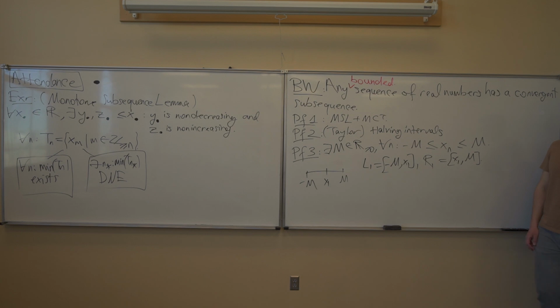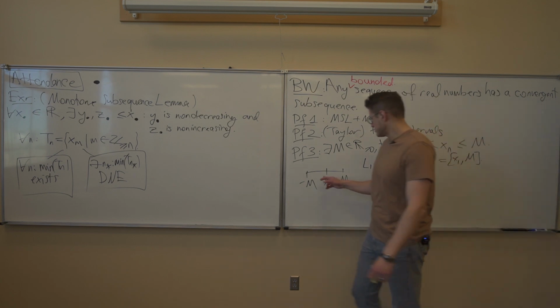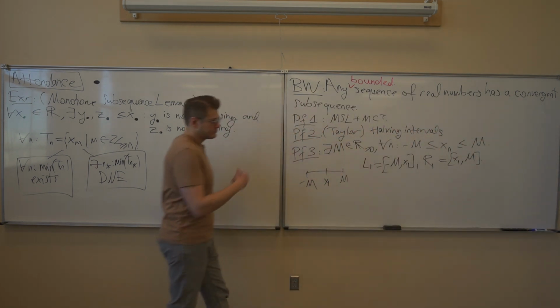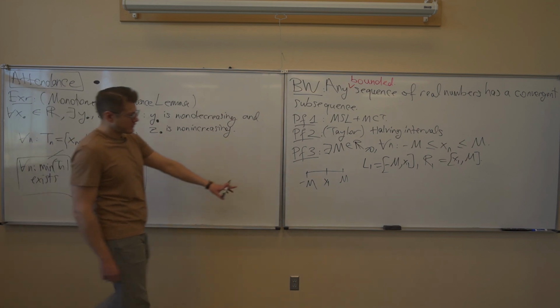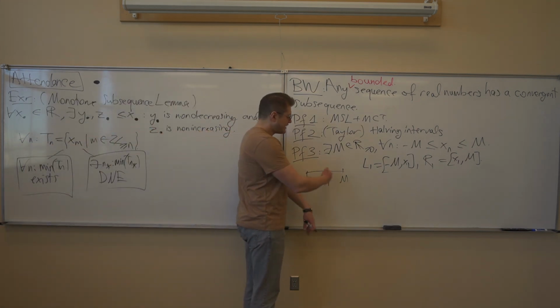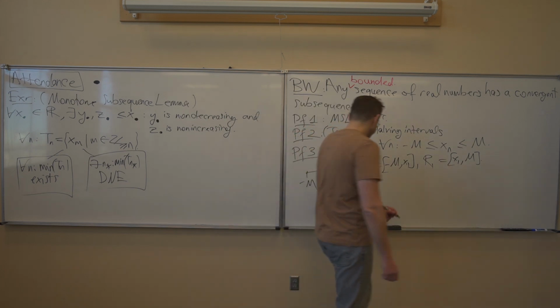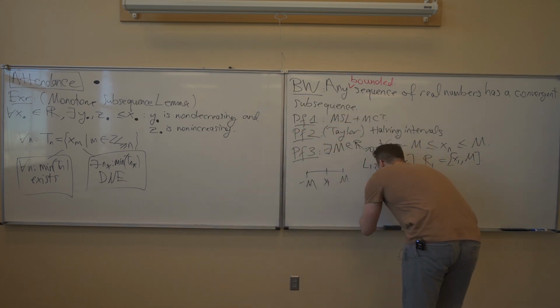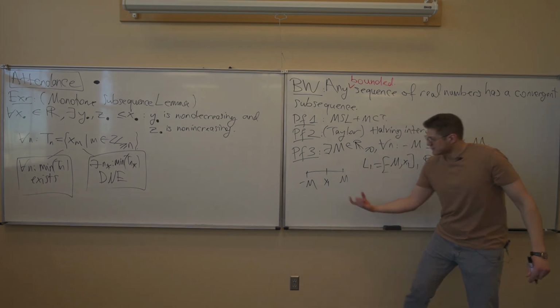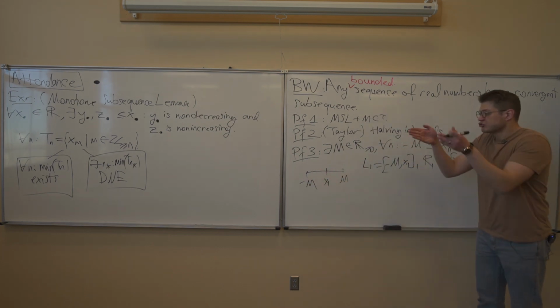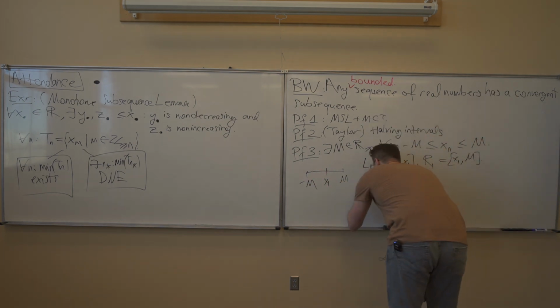Then you ask yourself the following question. Either my sequence hits this left side infinitely many times, or it hits the right side infinitely many times. And depending on that, you choose yet another smaller interval. So let's call it like this.